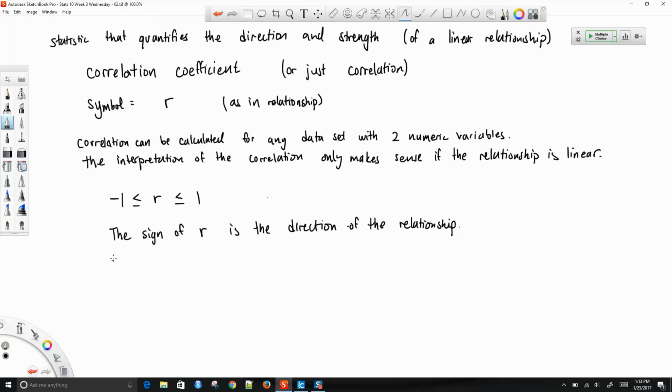If R is close to 0, the strength of the relationship is weak.